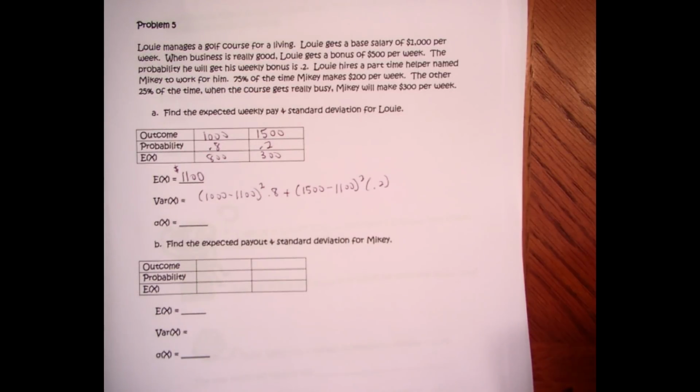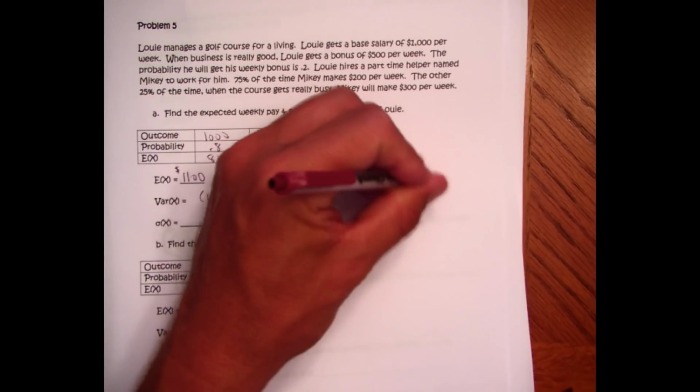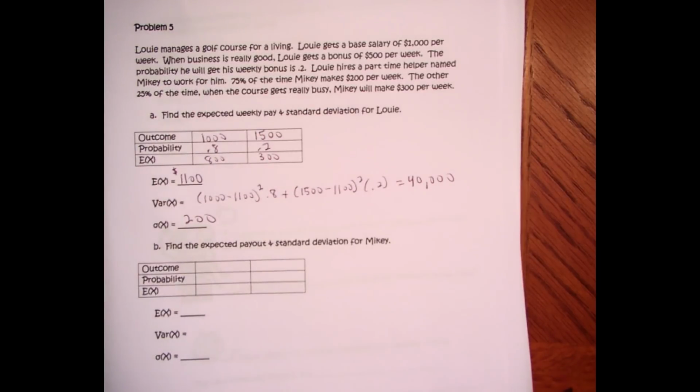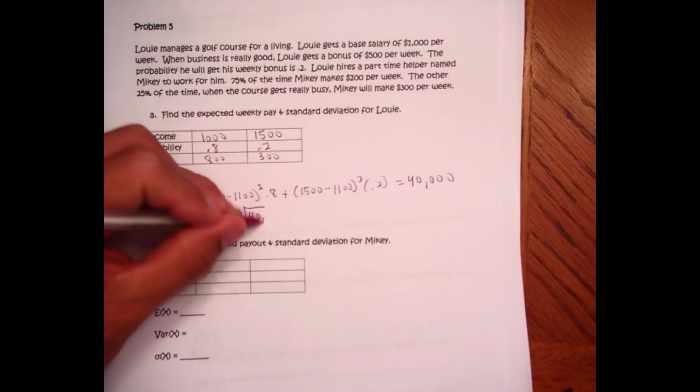So that becomes 100 squared times 0.8 plus 400 squared times 0.2. That comes out to 40,000. And then we take the square root of that, and that comes out to $200.